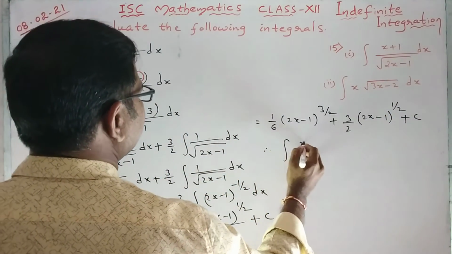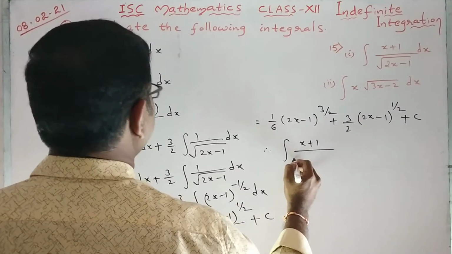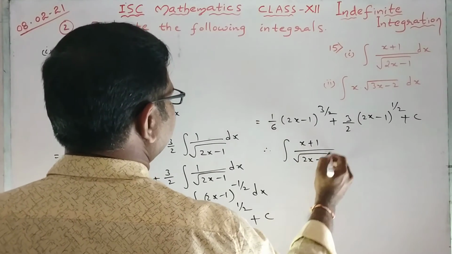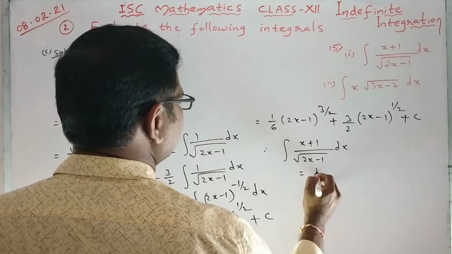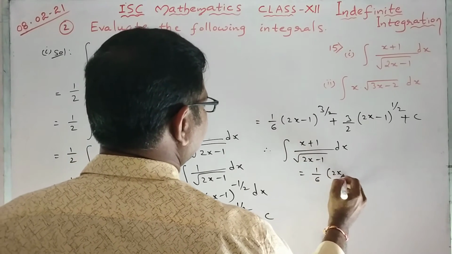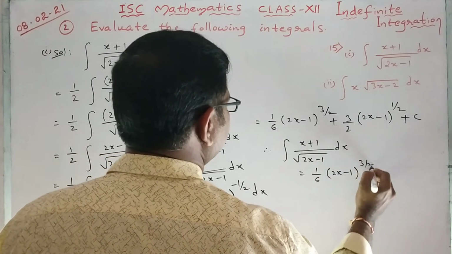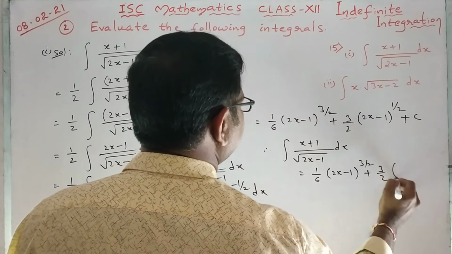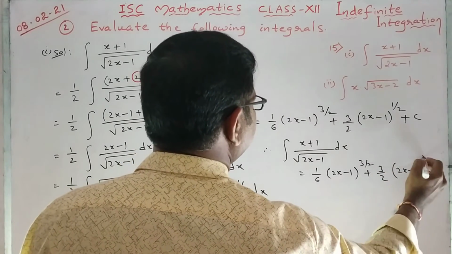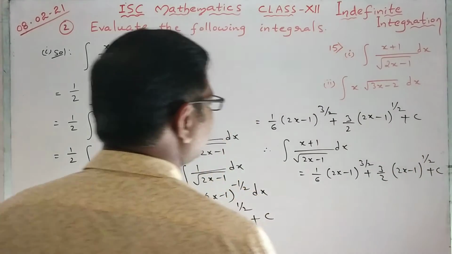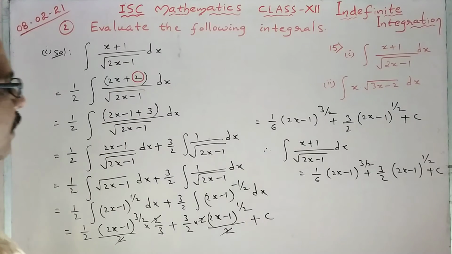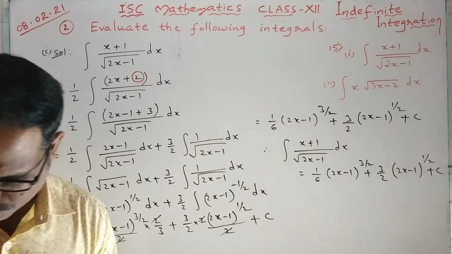Therefore, integral of (x plus 1) by root of (2x minus 1) dx equals 1 by 6 into (2x minus 1) whole power 3 by 2 plus 3 by 2 into (2x minus 1) whole power 1 by 2 plus c. Hope it is clear. That is the end of solution.